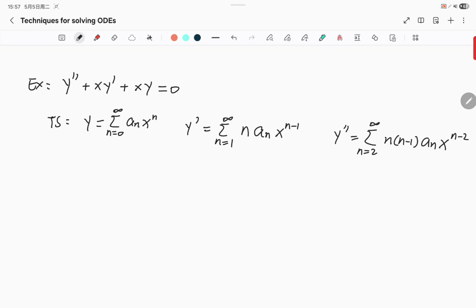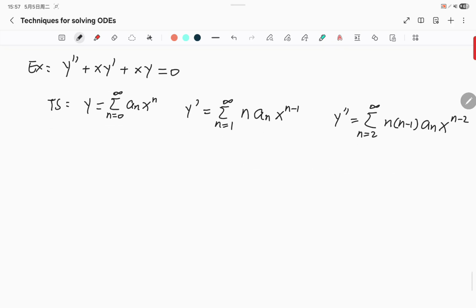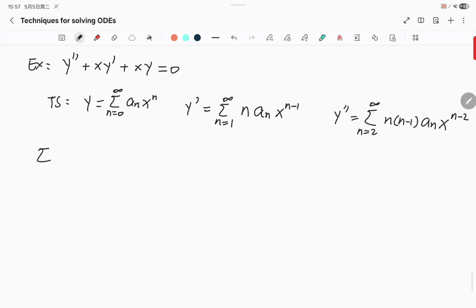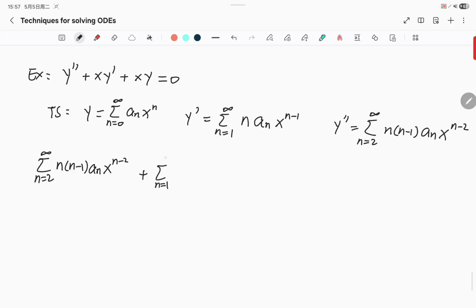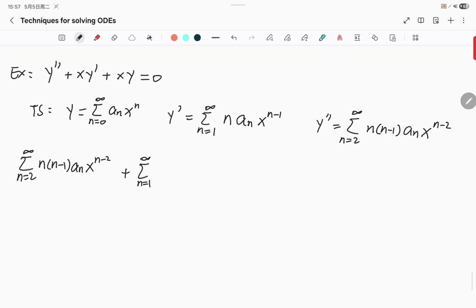So now we can expand and basically write this whole thing into the format of the equation. So we have the sum of n from 2 to infinity, n(n-1) x^(n-2), plus the sum from n equals 1 to infinity of n x^n.